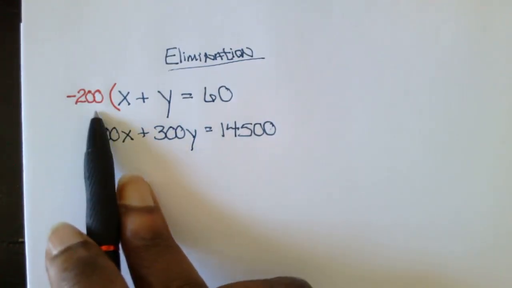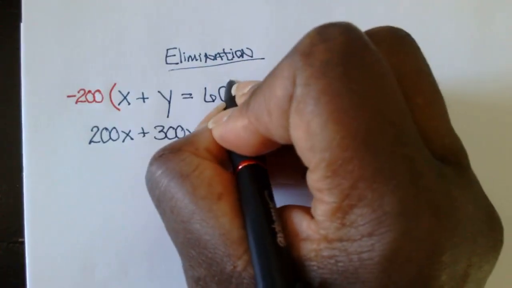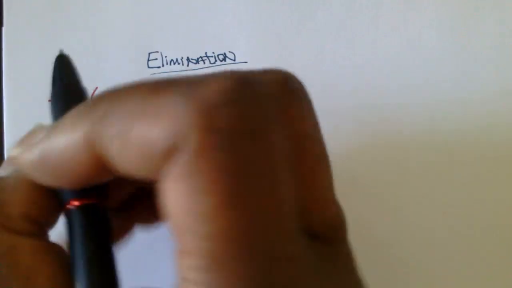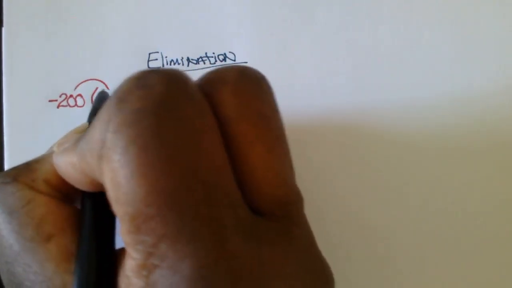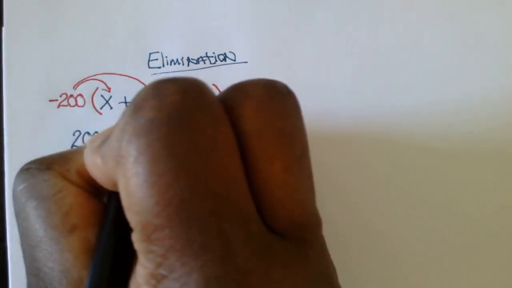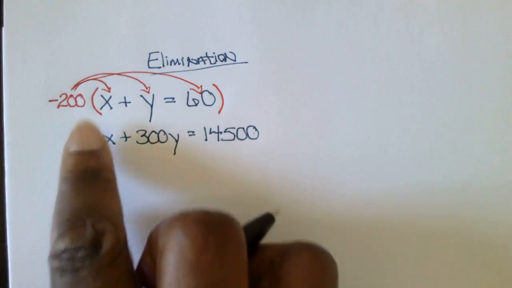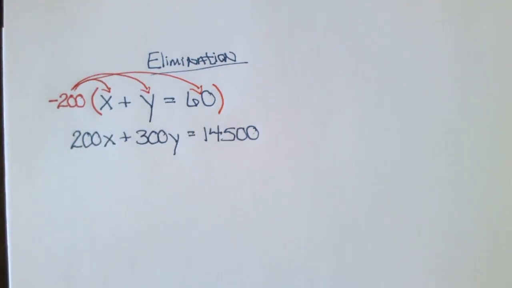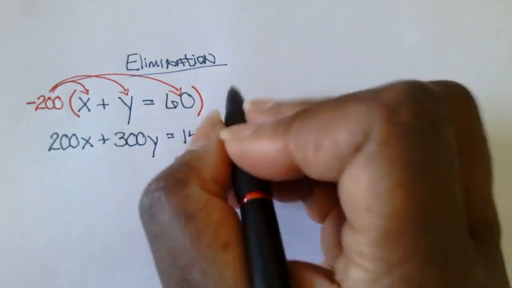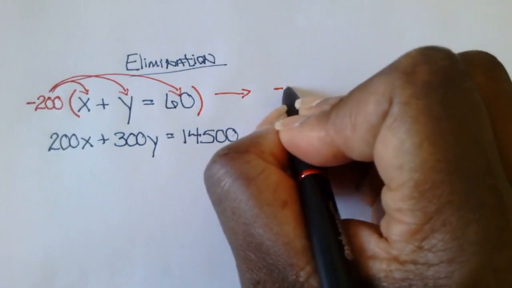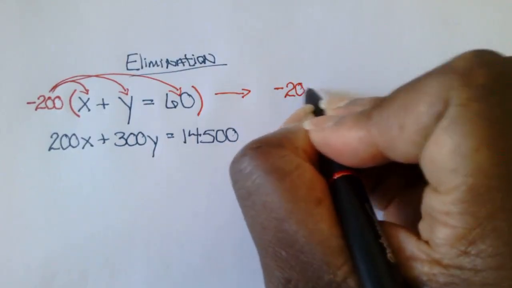Okay? But in order for me to multiply, I got to multiply this whole entire equation. So when I'm multiplying, I'm basically distributing this negative 200 to everything in that top equation. So when we do that, I like to put a little arrow. We have our negative 200x.